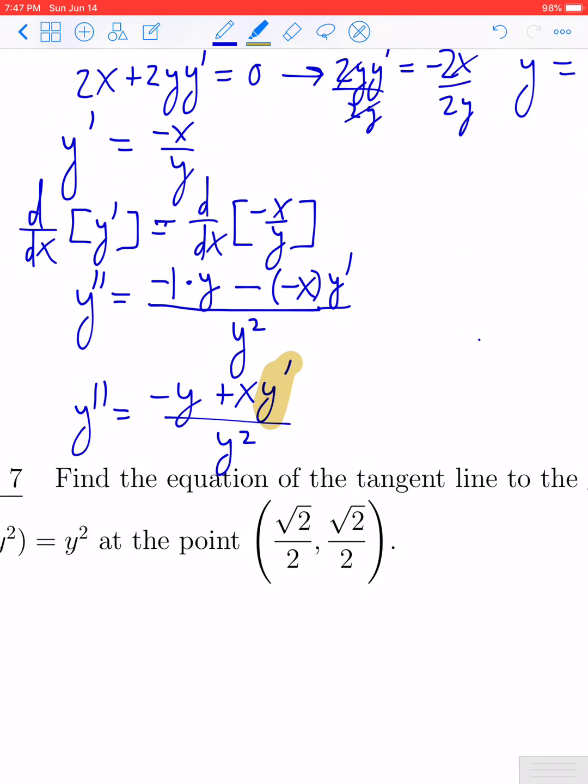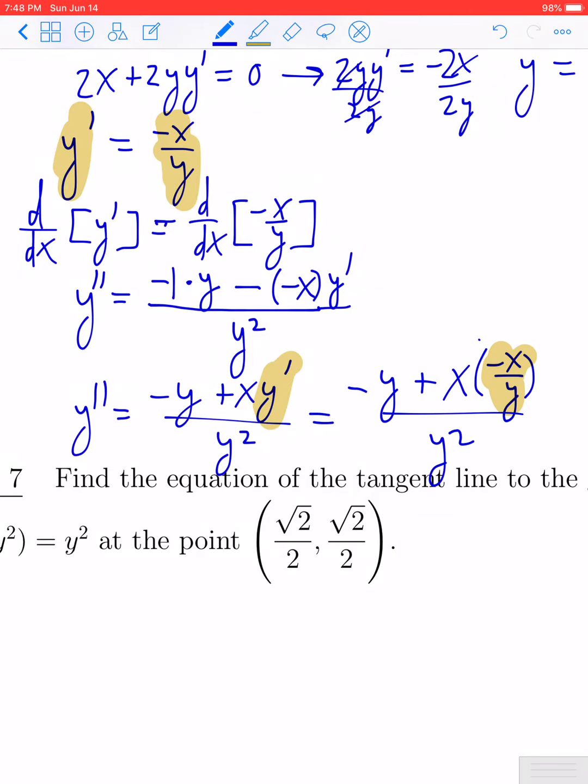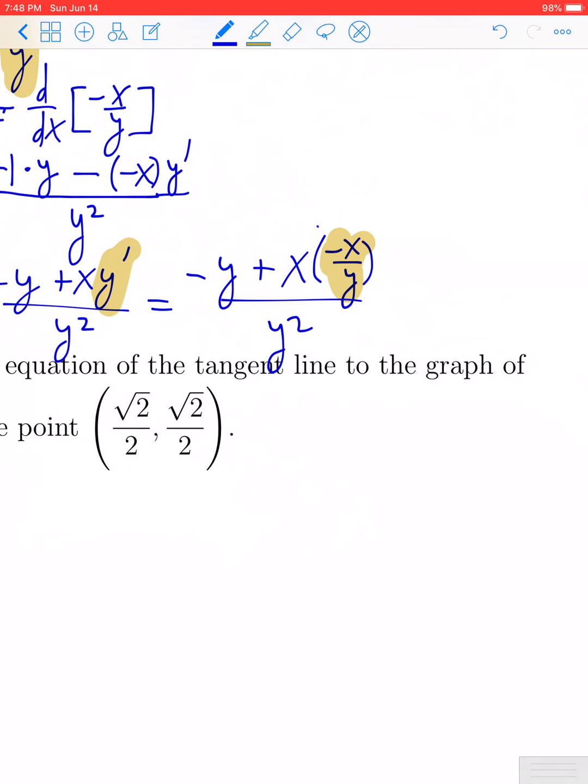If you recall, y prime was equal to negative x over y. So everywhere we see a y prime, I can replace that with negative x over y.